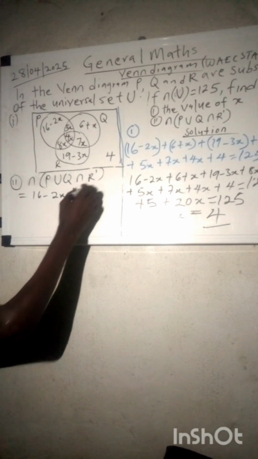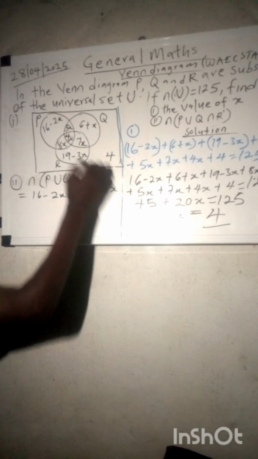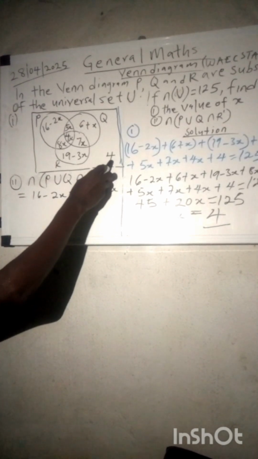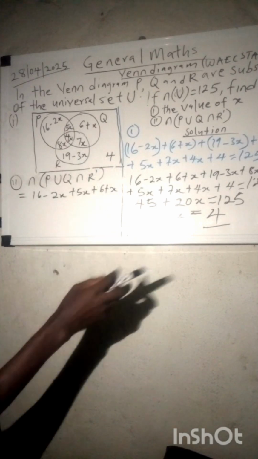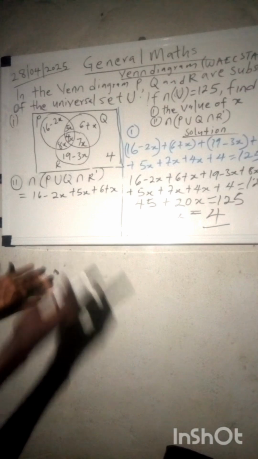And what is not in set R is 6 plus x, 6 plus x plus 4. So there is no point writing out 4 again, since the value of x is already known.